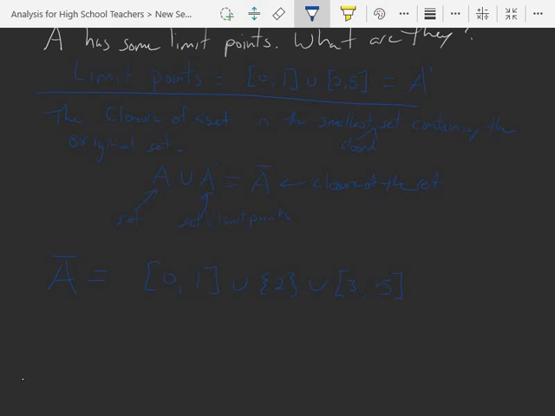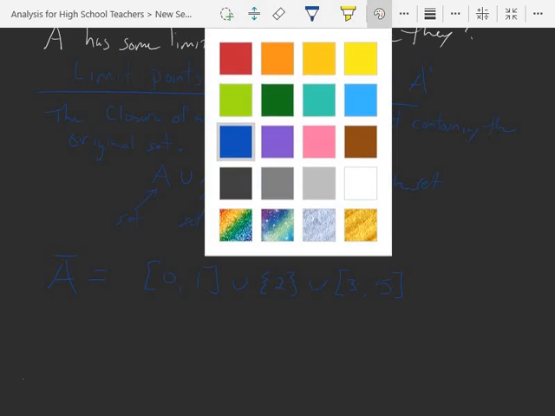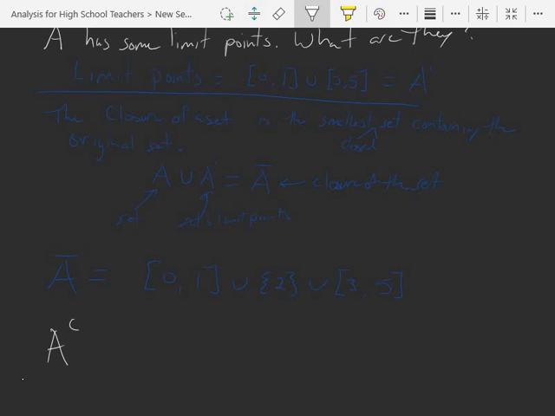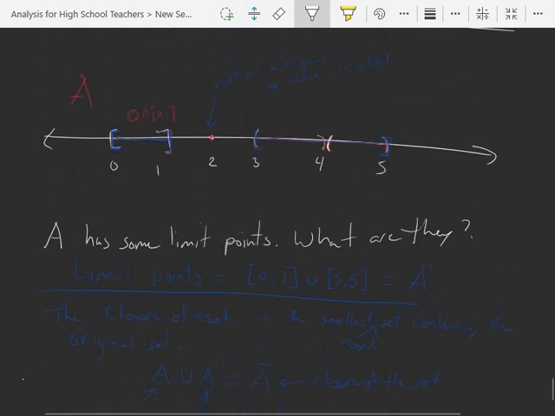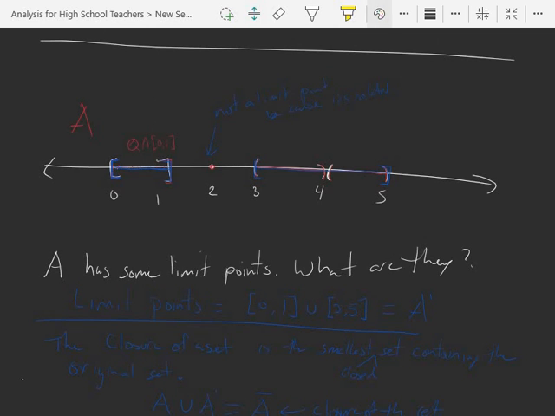The complement of A, what's A complement? Let's go back to white. Well, let's look at A again. Let's do the complement in pink. A complement is everything that's not in A. So I've got a bunch of points in here, the irrational points. I've got these guys, I've got these guys, so I've got a bunch of stuff in A complement too.